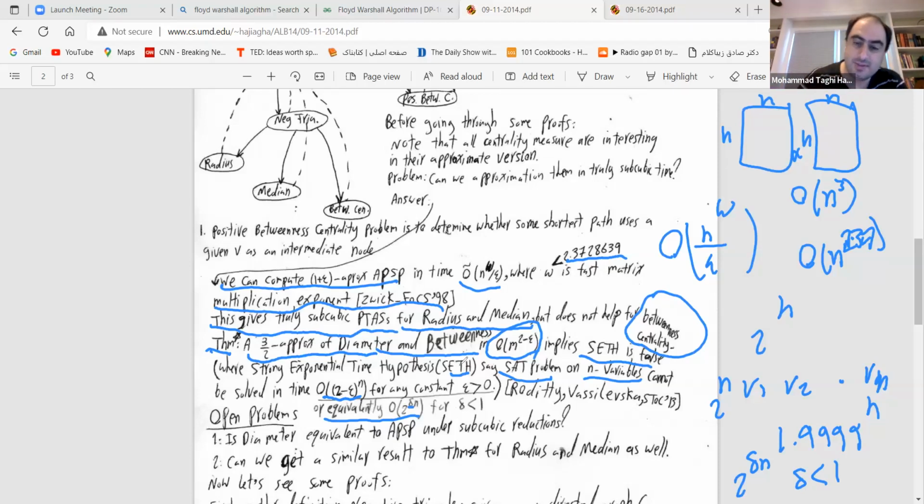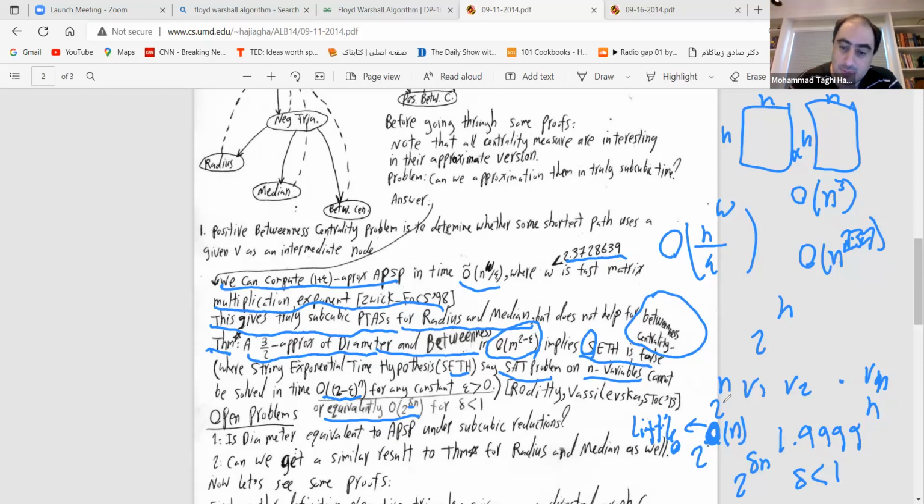Now, this S is a strong. What about ETH? ETH says that it's a bit weaker. It says that we cannot solve SAT in 2 to the little o of n. So a strong one says that even the constant should be essentially 2.